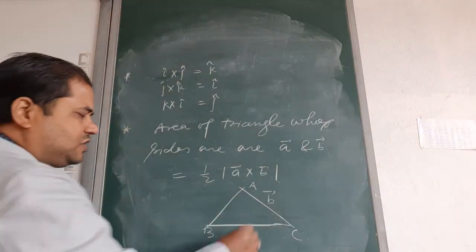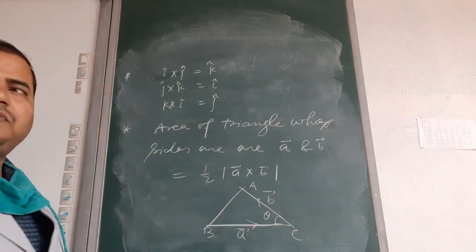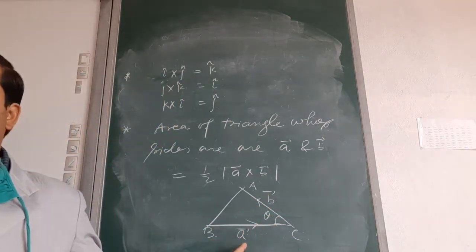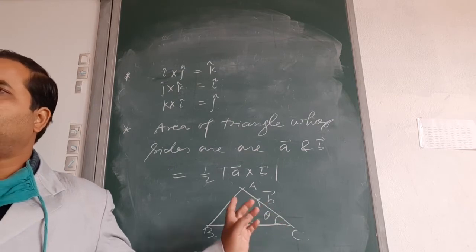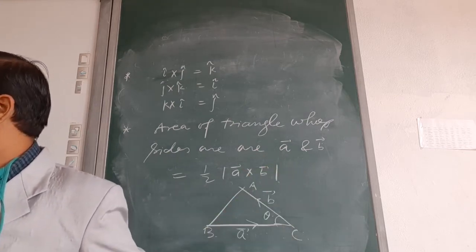Okay, so this is the vector A, this is the vector B. Okay, this is theta, then what? Mod of A cross B. Half of mod of A cross B. This is simply the area of the triangle.